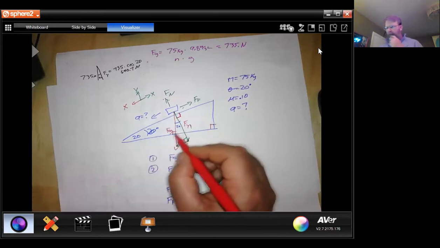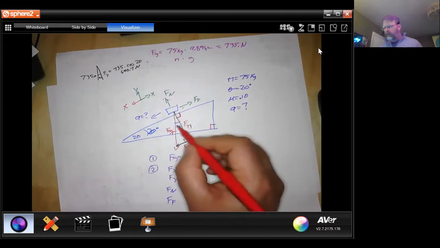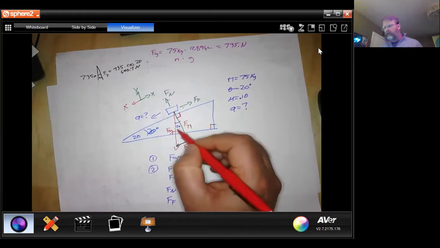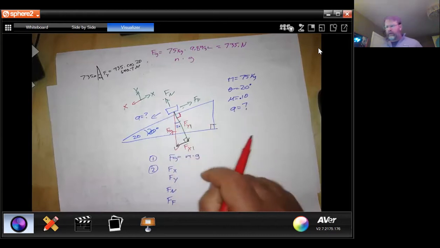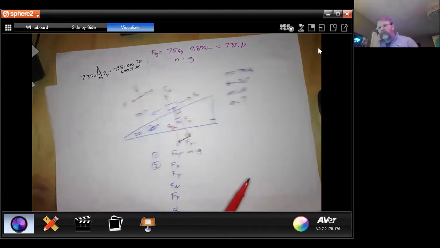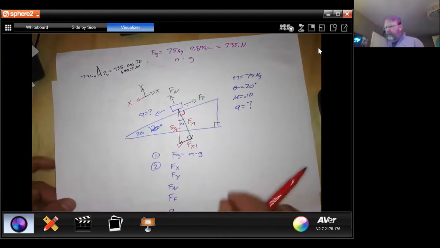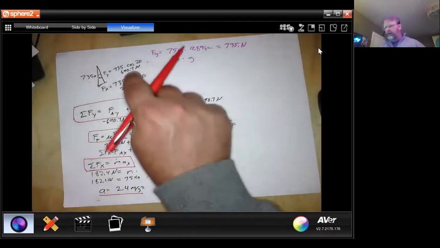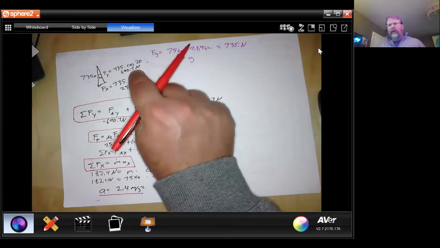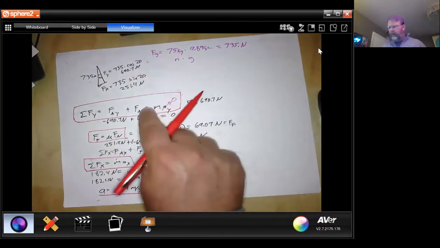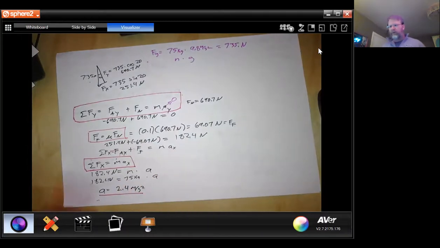If this is 90 and this is 70, but this is 90, then 70 and 90 makes 20, so we could get there, but you just know these two angles are going to be the same. That's a nice piece to save us, so that we can break these two components down, and that gets us finally grounded in a number we know, and then we worked our way back down.